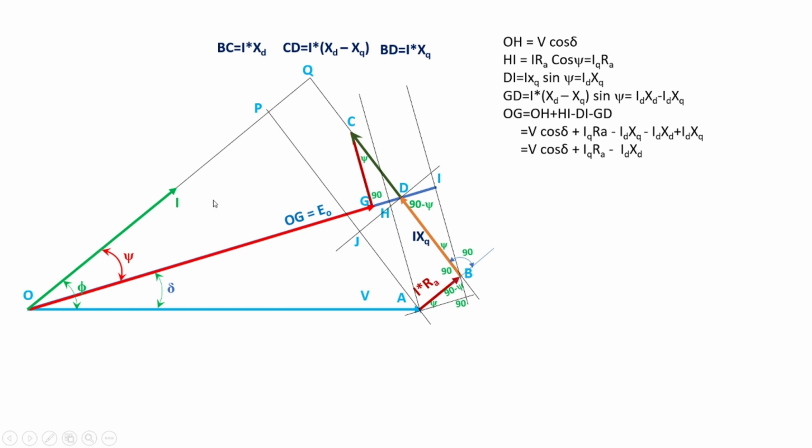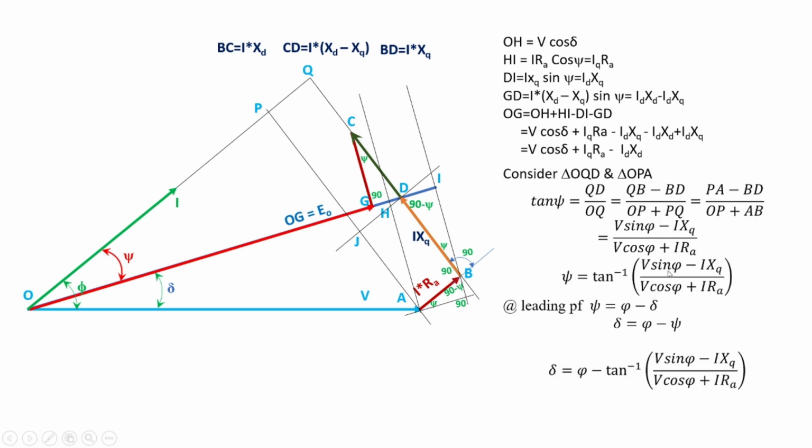So, psi is equal to tan inverse opposite side, that is QD, V sin phi minus I into XSQ by adjacent side. What is adjacent side? OP plus PQ, that is V cos phi plus I into RA. So, psi is equal to tan inverse V sin phi minus I XSQ by V cos phi plus I into RA.